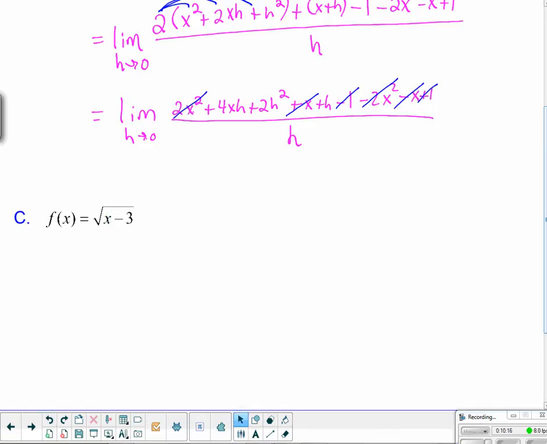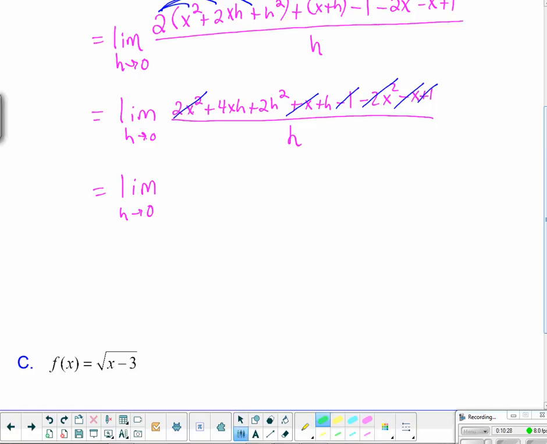let me move this out of our way. Rewrite. Let's update the limit as h goes to 0. We have a couple terms sitting here. I have this, this, this remaining. So 3 terms in total. 4xh plus 2h squared plus an h all over h.